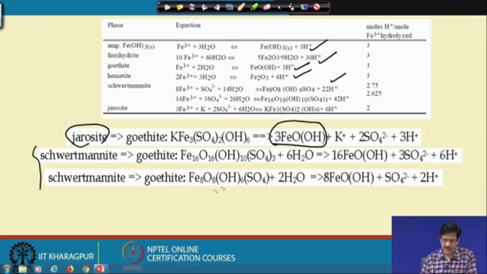So, as and when such kind of mineral phases are getting transformed to iron hydroxide phases, the adsorbed heavy metals get released.